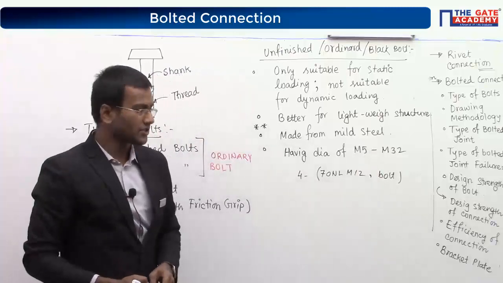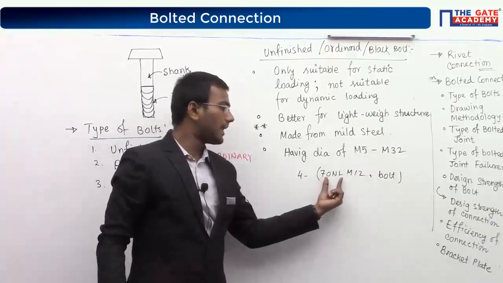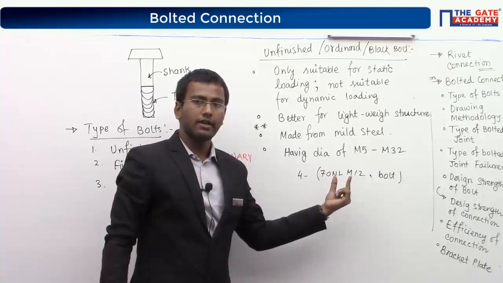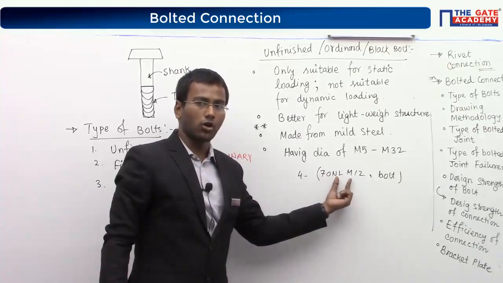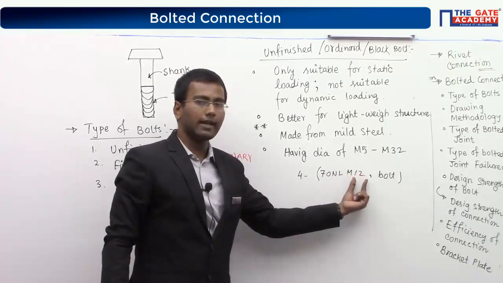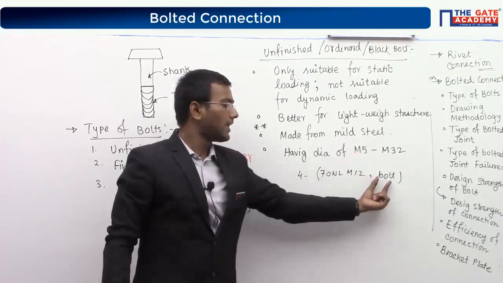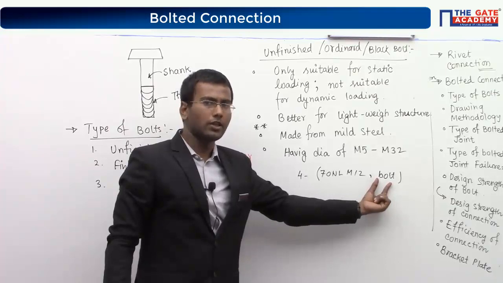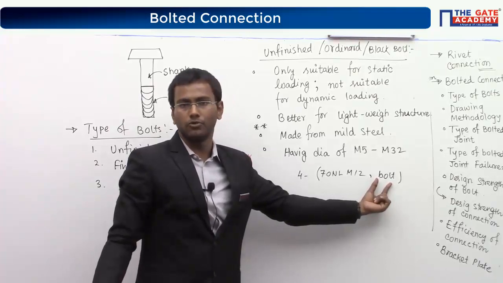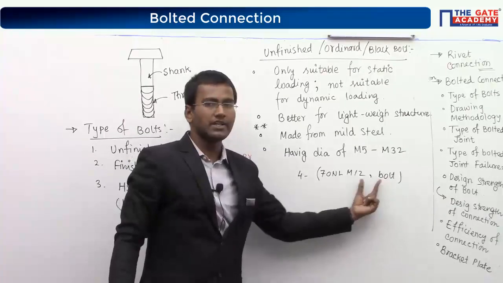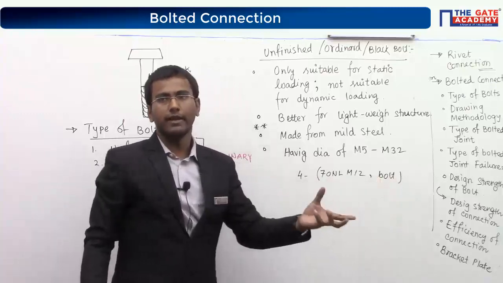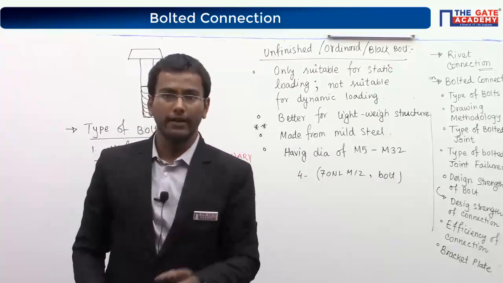So what is the representation here? 70 NL means 70 mm normal length, M12 is the diameter of the shank of the bolt, and FB means finished bolt, UB unfinished bolt, BB black bolt. This way we can represent a bolt.